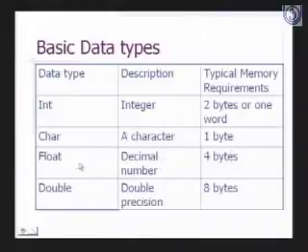And there is another decimal representation data type called double, which is used to represent double precision. The basic difference between float and double is that in the float data type, we take the precision till 6 digits after the decimal.